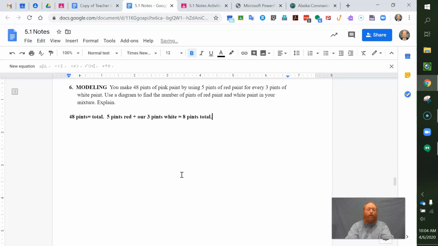What this means is that for our final 48 pints, we have to mix up batches that are 8 pints total, okay? So 48 divided by 8 is equal to 6. So we need 6 batches of 5 reds to 3 whites.